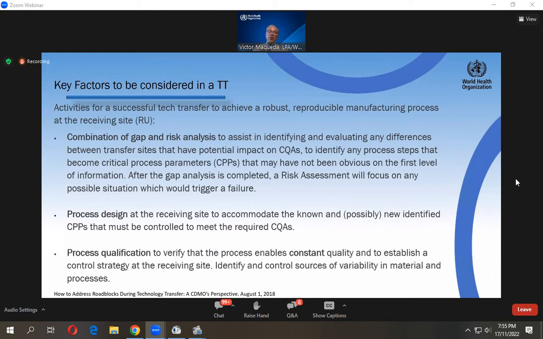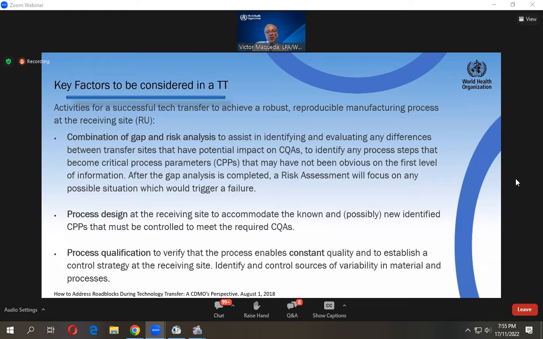Process qualification, we need that to verify that the process enables constant quality and to establish a control strategy at the receiving side. Identify and control sources of variability in material and processes. This was obviously part of the sending unit, the originator.